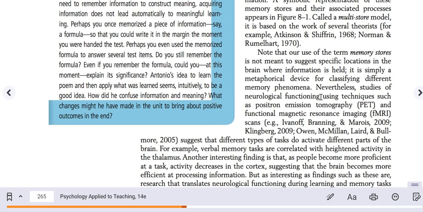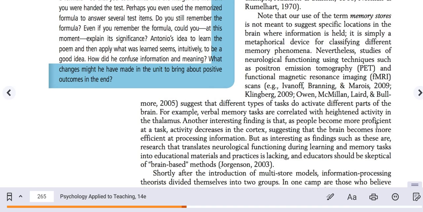For example, verbal memory tasks are correlated with heightened activity in the thalamus. Another interesting finding is that as people become more proficient in a task, activity decreases in the cortex, suggesting that the brain becomes more efficient at processing information. But as interesting as findings such as these are, research that translates neurological functioning during learning and memory tasks into educational materials and practices is lacking, and educators should be skeptical of brain-based methods.